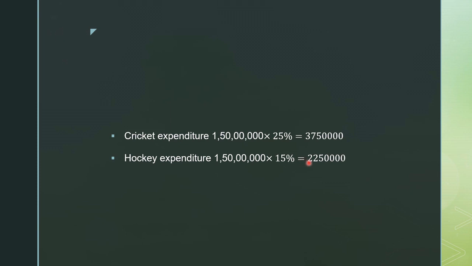So that is equal to 22.5 lakh. So the total expenditure, if we add these two, cricket expenditure and hockey expenditure, we get the total expenditure on cricket and hockey together. So that is equal to 60 lakh. So the right option is 60 lakh.